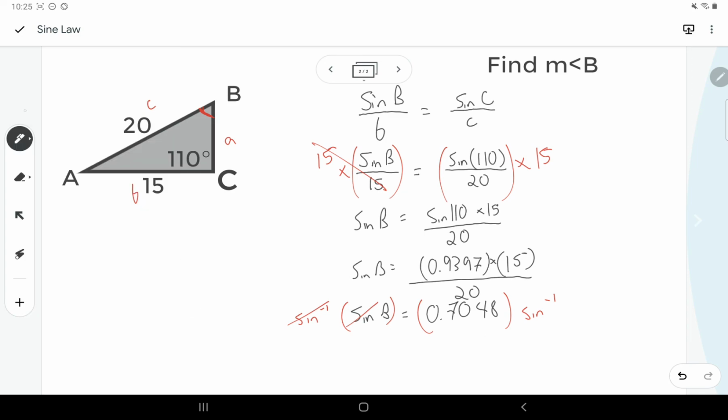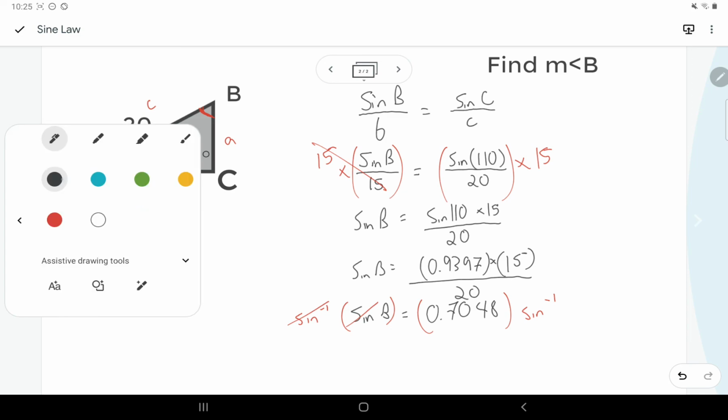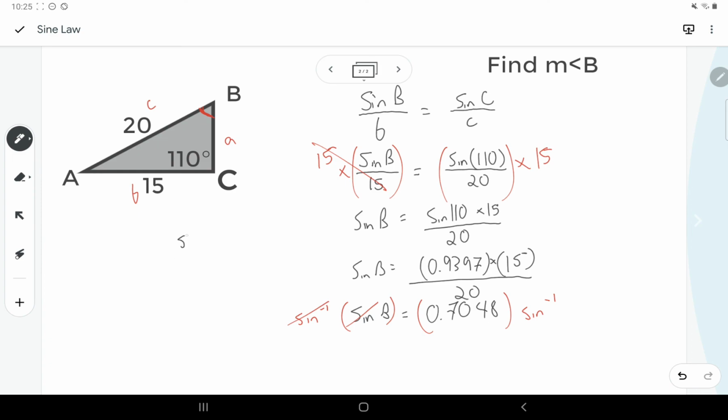We take the inverse sine on the right-hand side, and again, that is on your calculator, usually under shift sine. Okay, but doing that on your calculator should give you B equals 45 degrees. And again, I'm rounding to the nearest degree here.